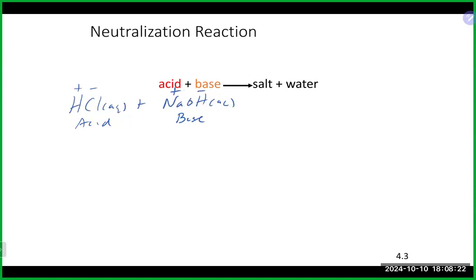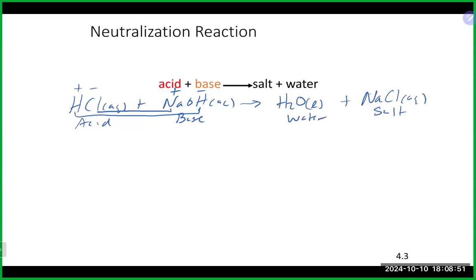So even though it can be more specifically called an acid-base neutralization reaction, this is still a double displacement reaction. So the same thing is going to happen. These two are going to swap partners, basically. And that will give us our water from the H plus and OH minus from the acid and the base, and our Na plus and Cl minus will come together and make our salt, and water in this particular case.